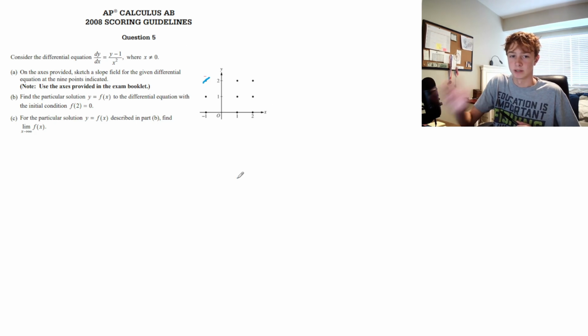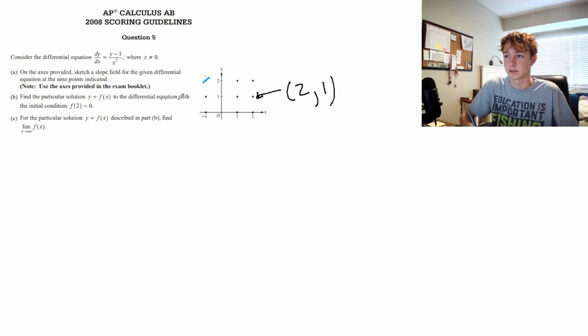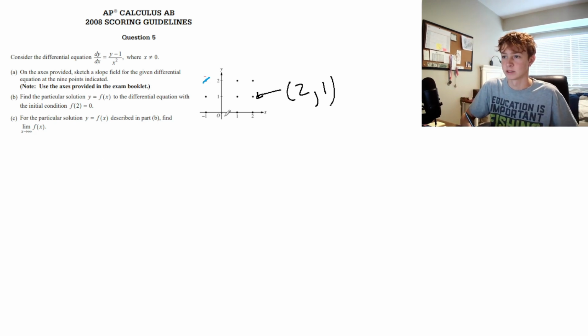And then I'll reveal the finished slope field at the end. So let's try this point here next. So that would be 2, 1. What we're going to do is plug 2 and 1 into this equation here, because this dy over dx is the derivative of some other equation. So for every point that we plug in, we'll get the slope of the tangent line at that point.